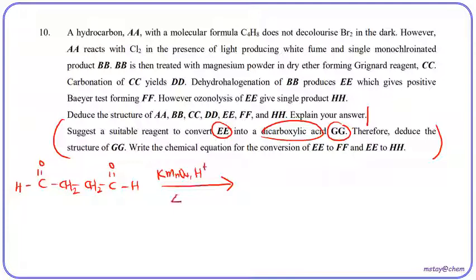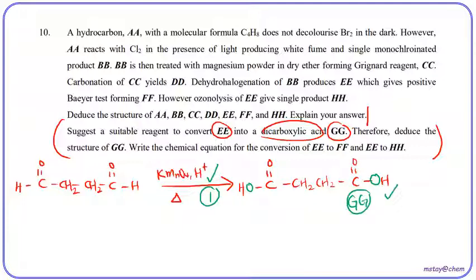So we're going to use hot acidified KMnO4. So the C double bond O, H will become C double bond O, OH, with CH2, CH2 in between. Therefore, we already suggest the reagent, 1 mark, and then we deduce the structure GG, another 1 mark.